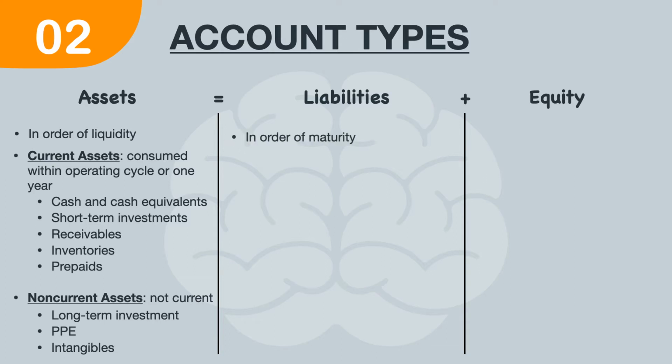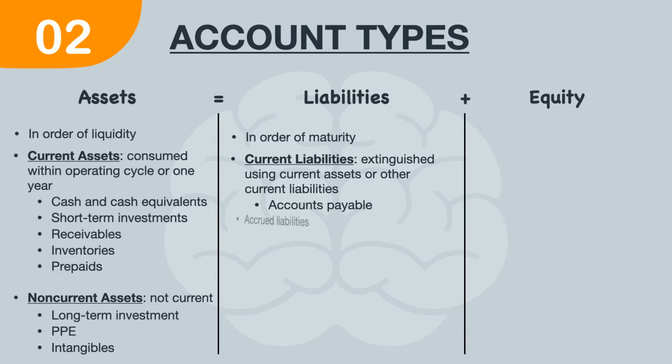Moving on to liabilities. Now, these are reported in order of maturity, with those maturing first listed first. Just like assets, liabilities can be classified into current liabilities and non-current liabilities. A liability is current if it is expected to be extinguished through the use of current assets or by the incurrence of other current liabilities.